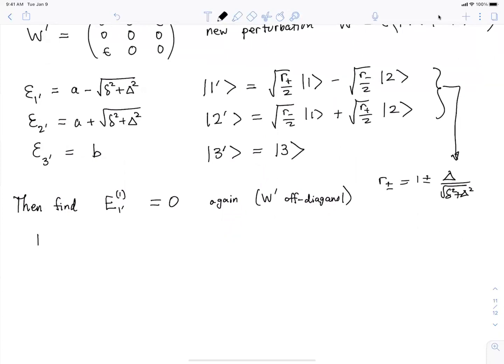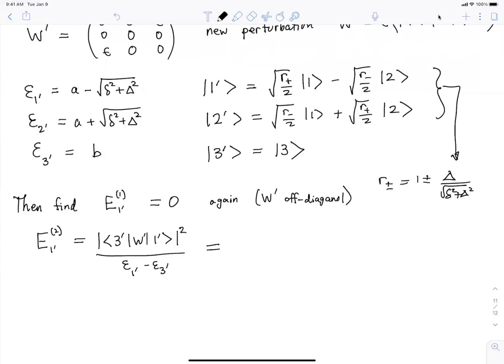So then we have to do second order in perturbation theory. And in this example, there's only one term in the sum that contributes, and it's this one. Okay, and then you just have to plug in the results above.